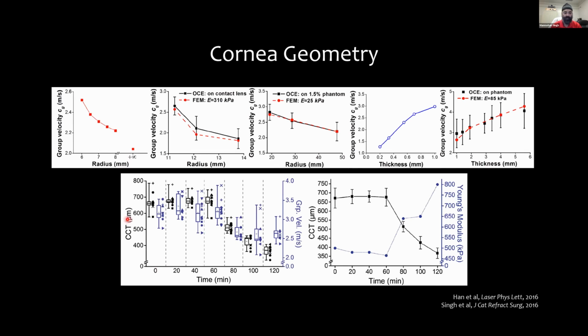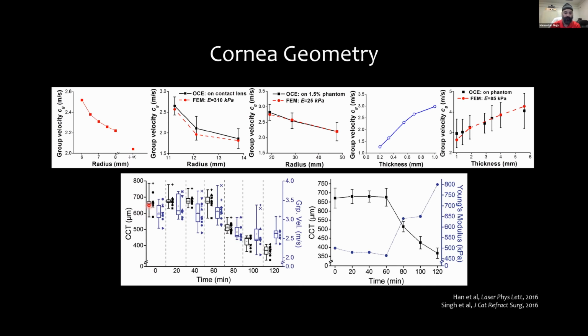And at the bottom here, we did a study where we dehydrated the cornea, basically mimicking the riboflavin addition process with dextran for cross-linking. For the first 60 minutes, the cornea was in PBS, and after that, a 20% dextran solution was added for another 60 minutes.